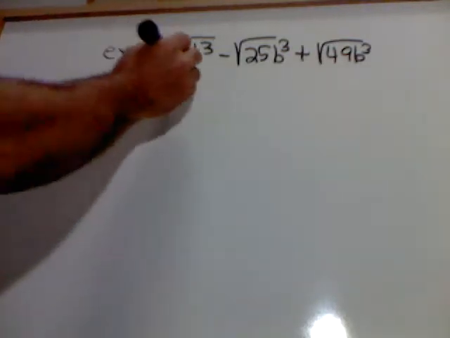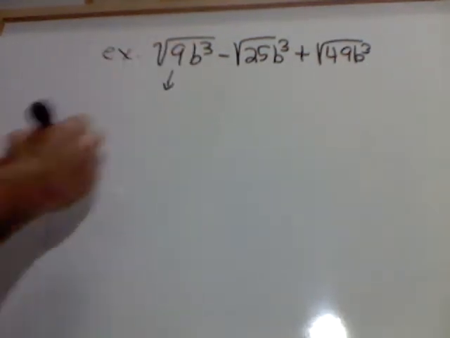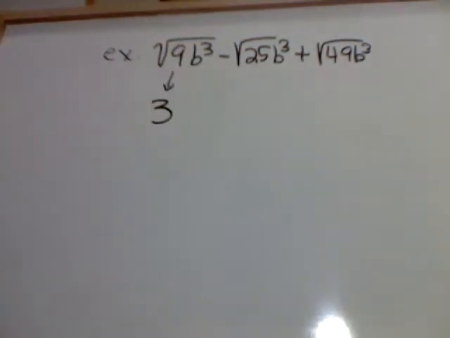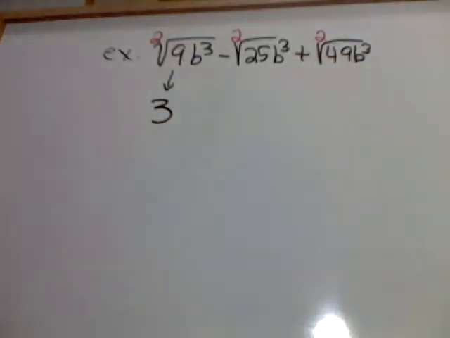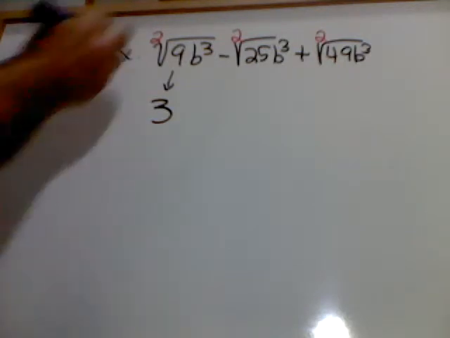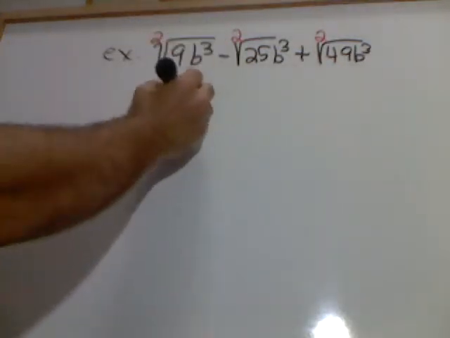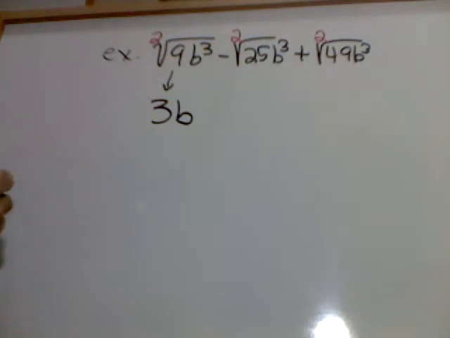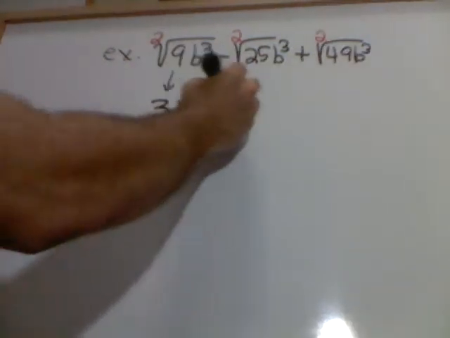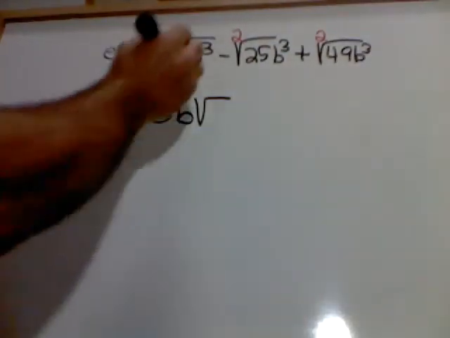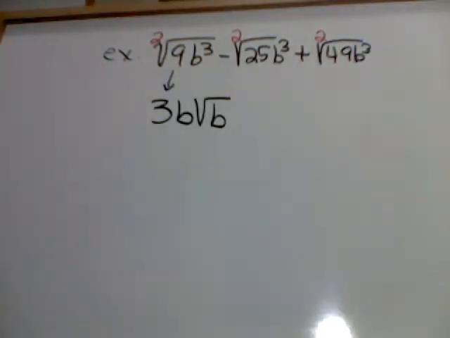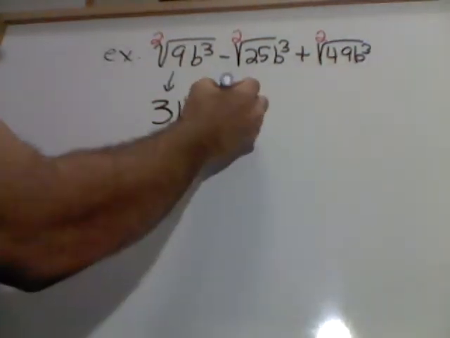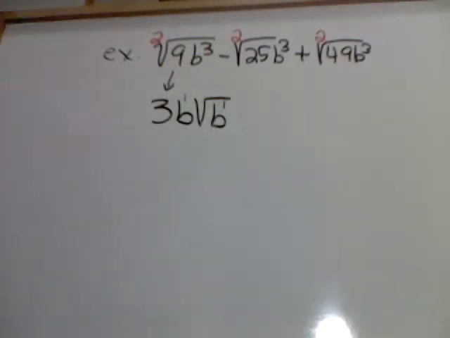Here we go. Square root of 9 is 3. Now, remember, all these have an index of 2. Now, 2 goes into 3 one time, so I bring out 1 b, with a remainder of 1 b under that radical. Technically those have an exponent of 1.